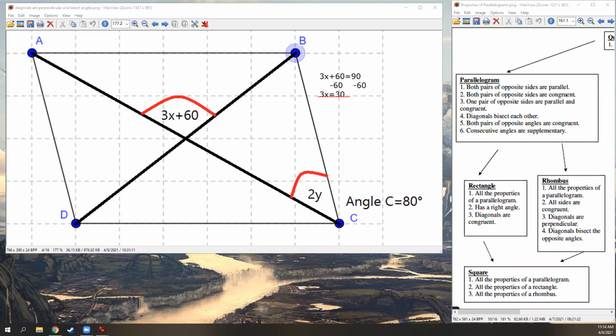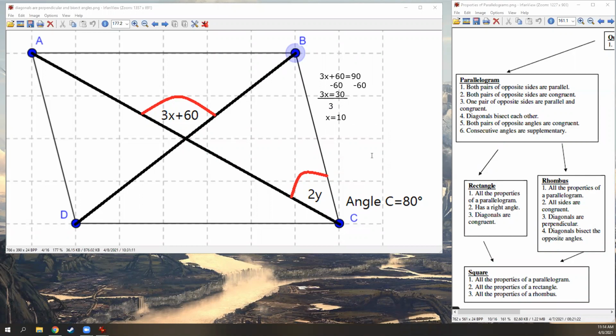We divide both sides by 3, and that'll give us our final answer of x equaling, well, what's 30 divided by 3? X equals 10. Always looking for an equal sign.